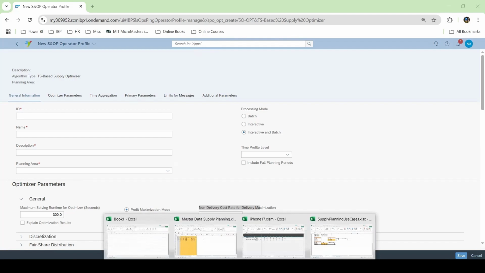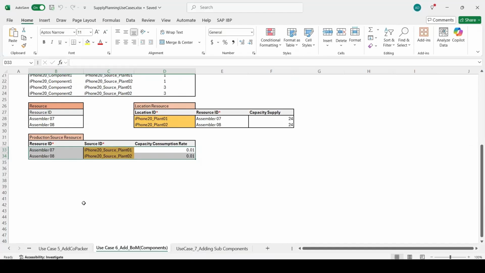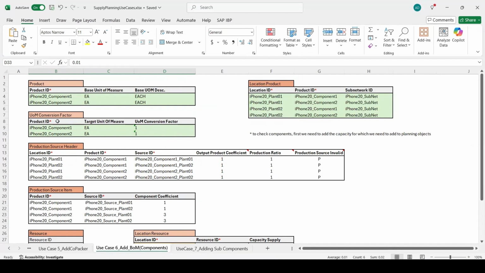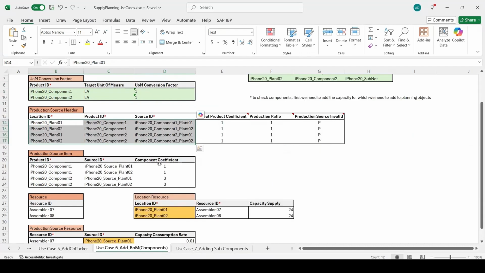So before jumping to the master data, I have created a summary of this use case. The summary is that we are adding two components, and in the product master data, we must add those components. We must declare the unit of conversion factor, and we should have a production source header where we are defining the source ID, and then the production source item because it is a bill of material.